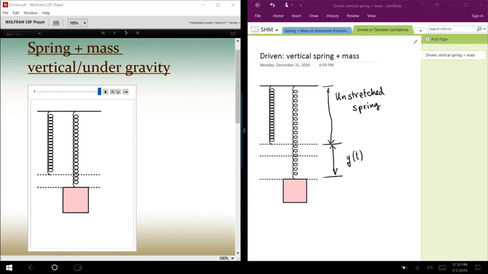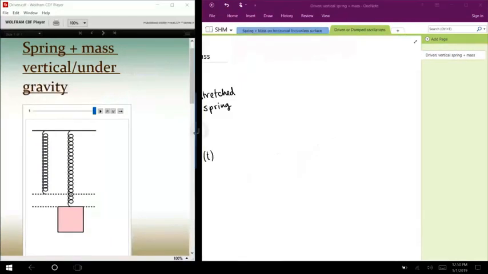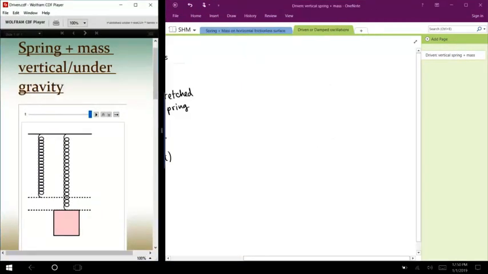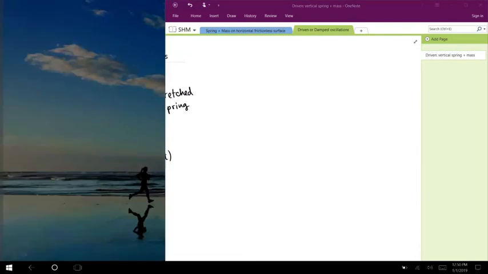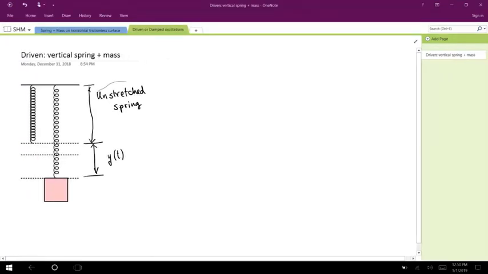So now we want to analyze this from the point of view of forces. So what I'm going to do is look at this figure on my right hand panel. So this length is the unstretched length of the spring, and we are going to consider the downward direction as the positive direction.